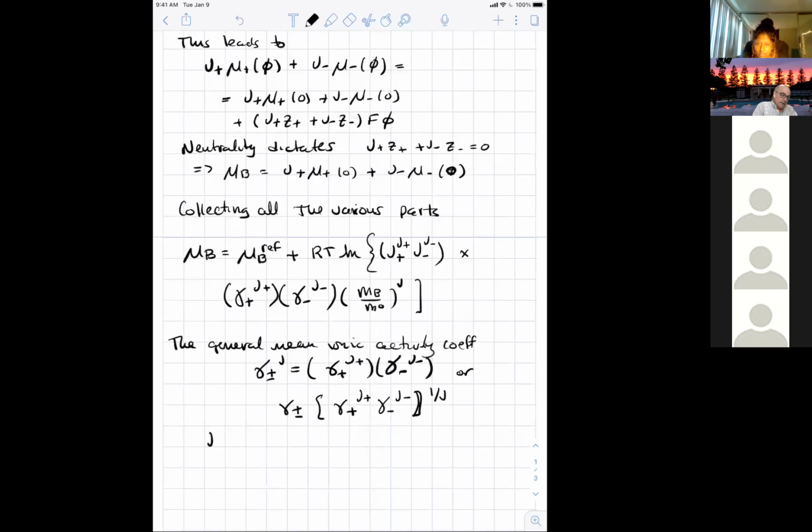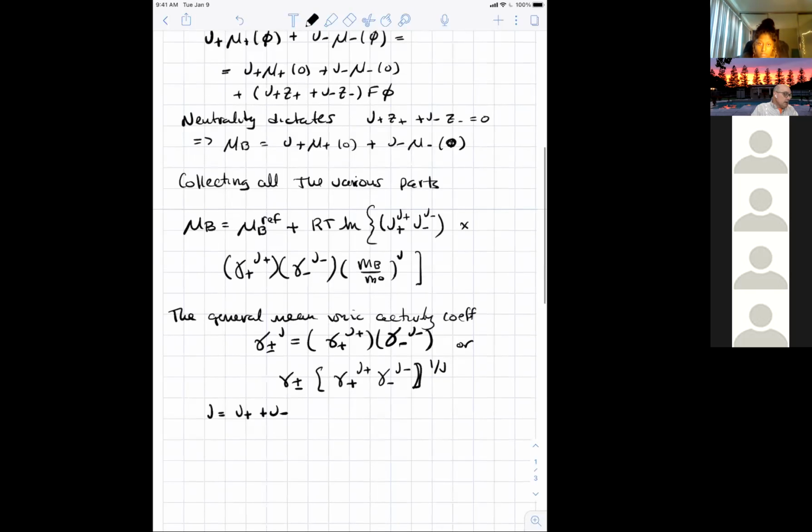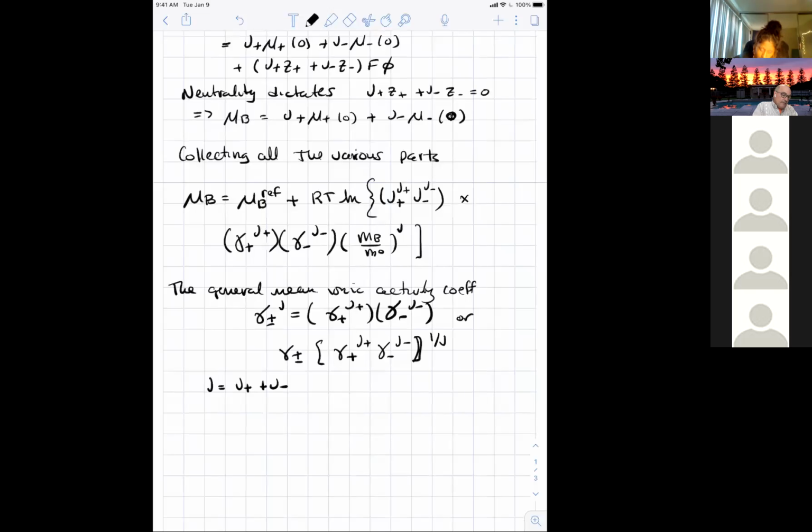Right, so remember that this summed activity coefficient is that. And so what we also have is that the reference, this is the same as before, the chemical potential reference of the solute is just the weighted sum of the chemical potentials of the ions. And this is at 0 field.